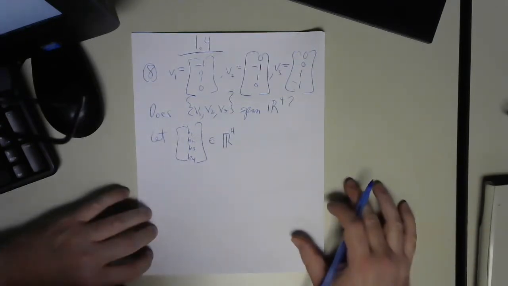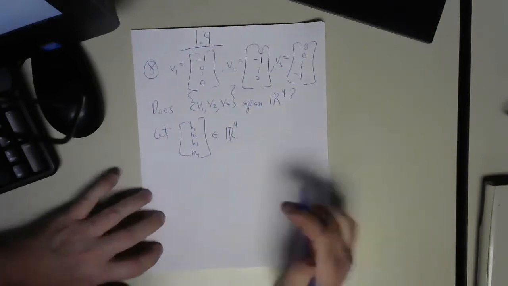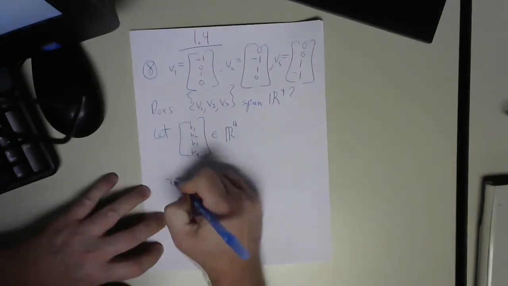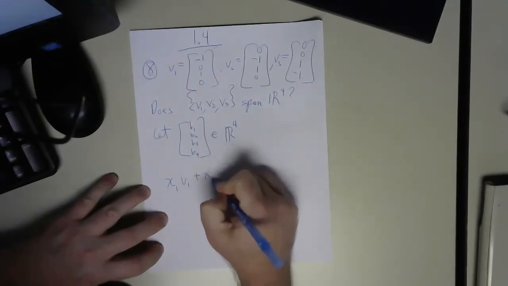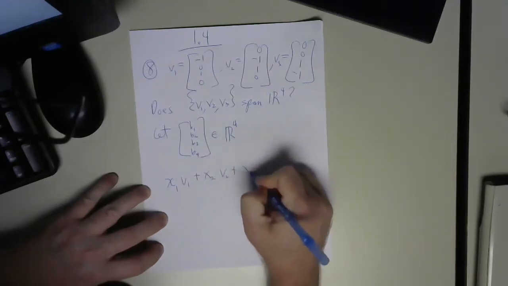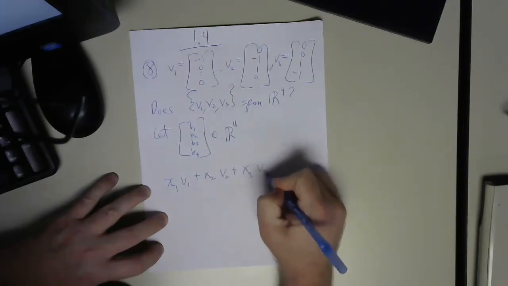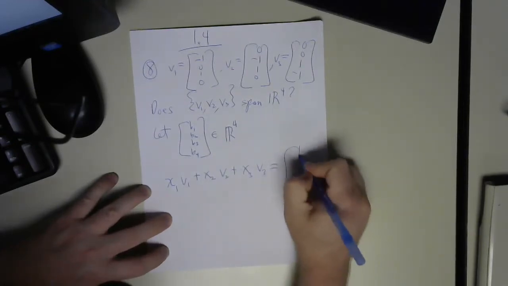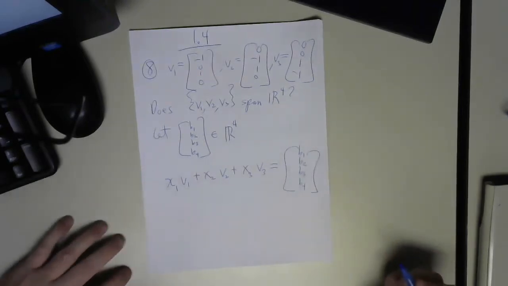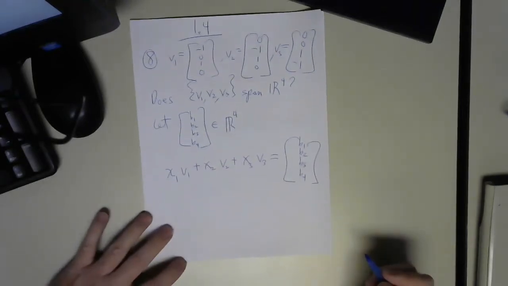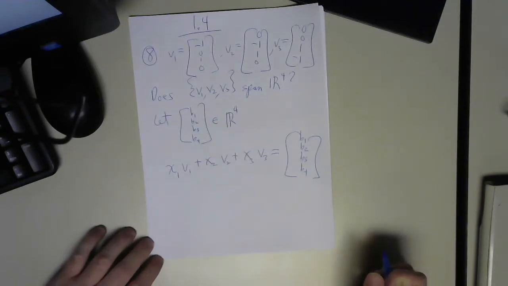Let that be an arbitrary vector in R4. So the question is, do there exist constants x1, x2, x3 that will make this true? Can we satisfy that equation for an arbitrary collection of b's? Can we find x1, x2, x3 that will satisfy the equation?